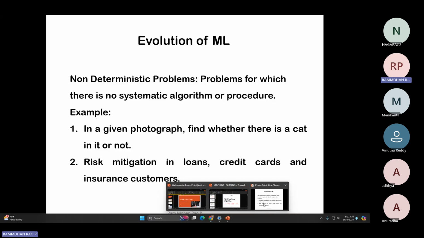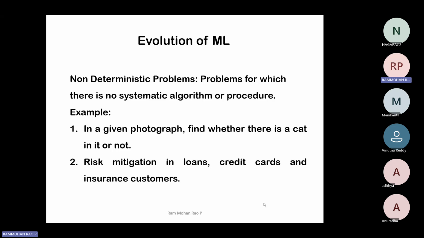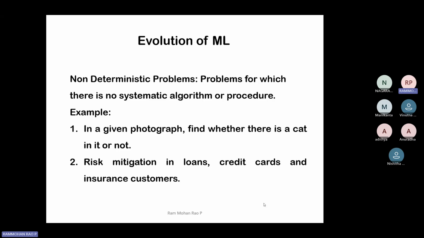Please observe here. See the second one, risk mitigation in loans, credit cards, and insurance customers. For example, there is an insurance company, and that insurance company has to predict how many people may claim insurance in this financial year.